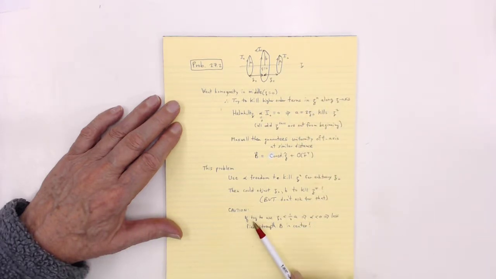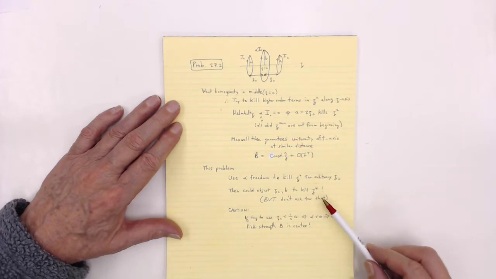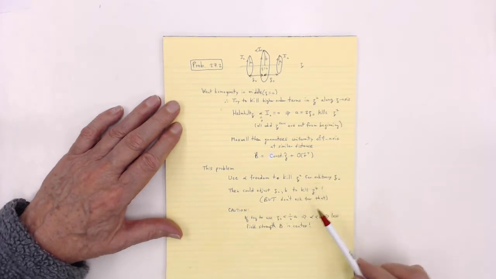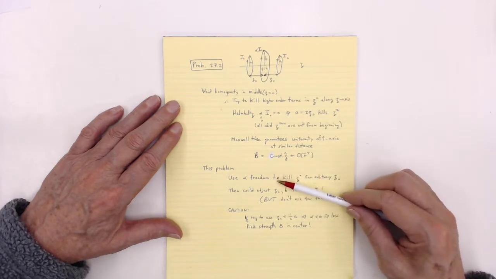But caution, here's what's going to happen. If you do this, and then you try to use z0 freedom to kill the next term, say you get even super uniformity, z to the fourth, you might find z0 getting smaller than a half a, and then alpha would have to be negative for the cancellation to occur that you are calculating.